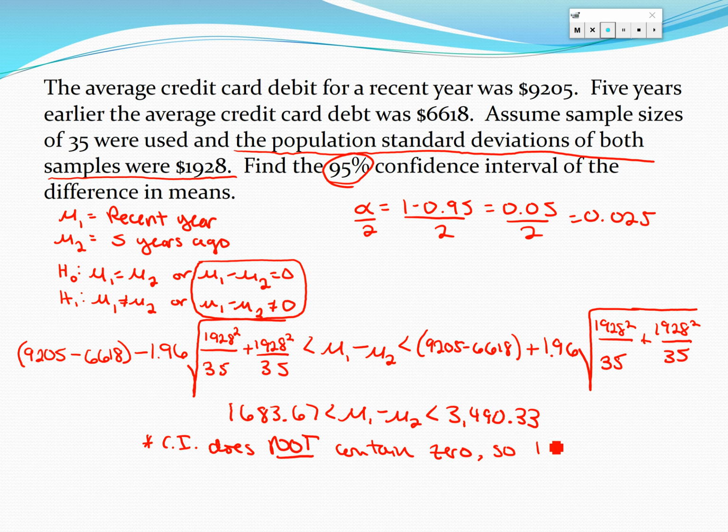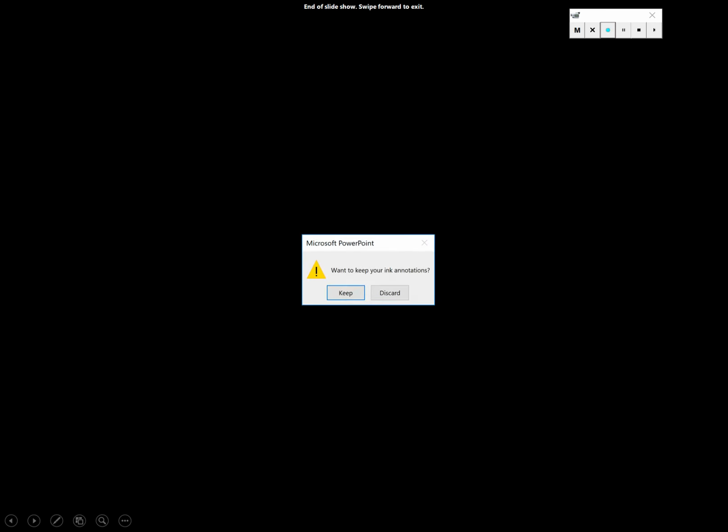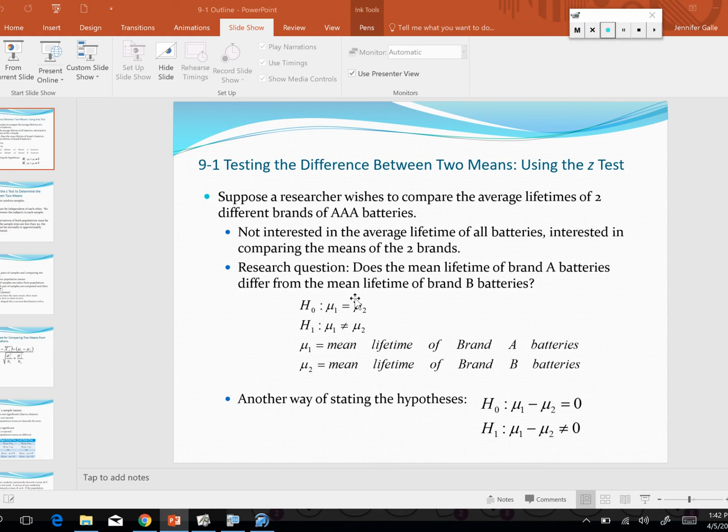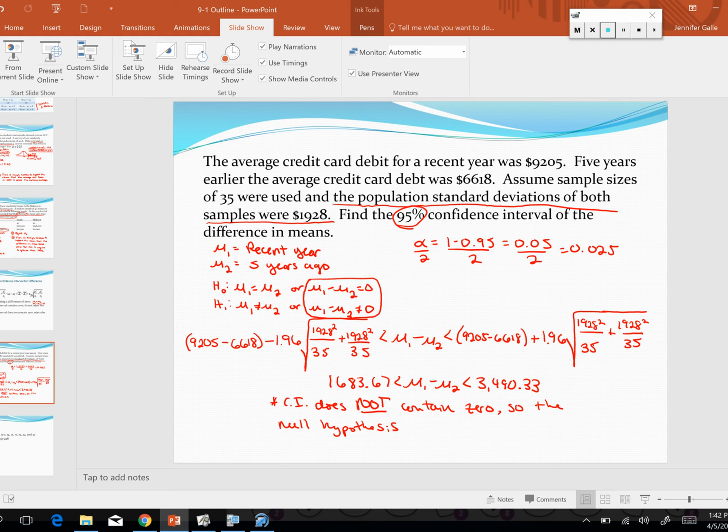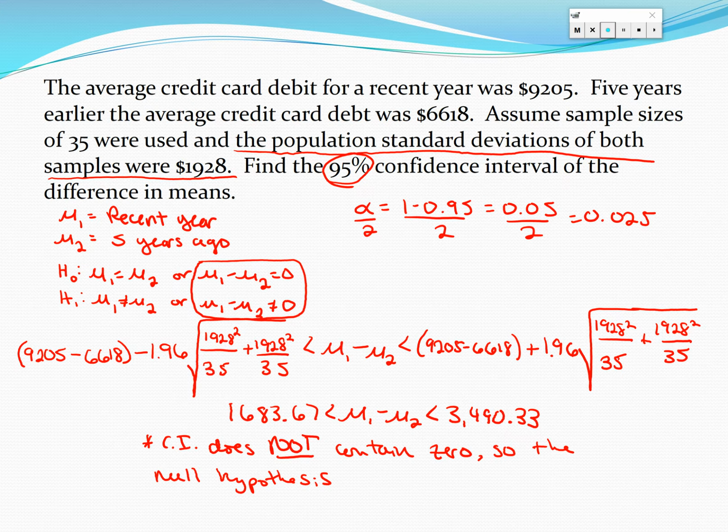So the null hypothesis, which says there should be a difference of 0, would be rejected.